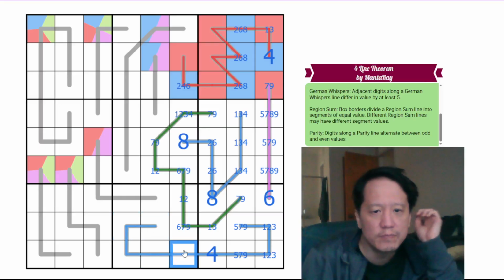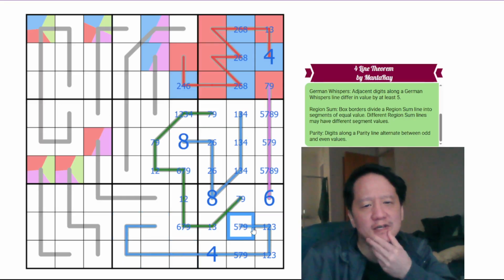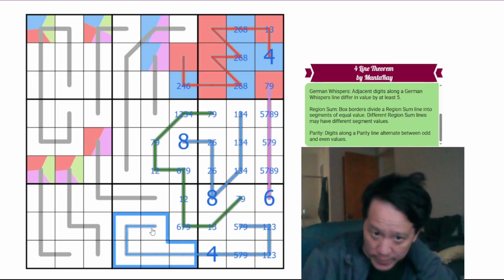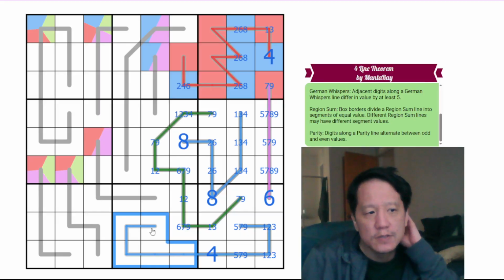Region sum line. This adds up to, what, 23 at most? I think I calculated it out. 2, 3, 4 is 9, plus 5 and 9, right. 14 plus 9 is 23. So this is 23 at most.